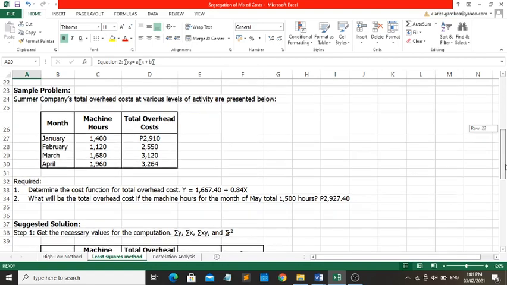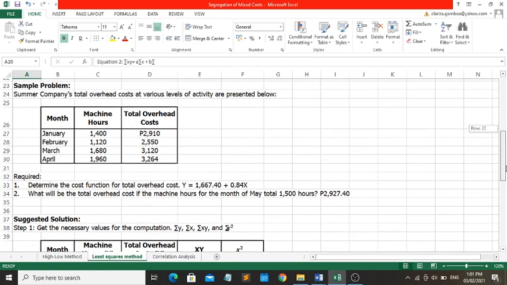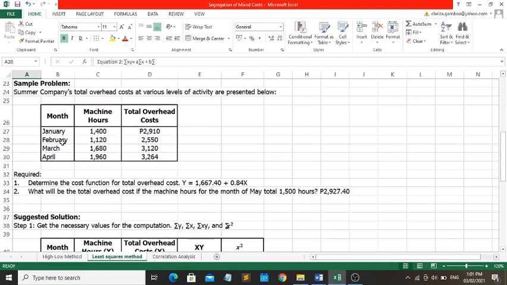So, our sample problem: Summer Company's total overhead costs at various levels of activity are presented below. There are only 4 months, January to April, with machine hours given and total overhead costs. Our X is the machine hours, because this is our cost driver or level of activity.